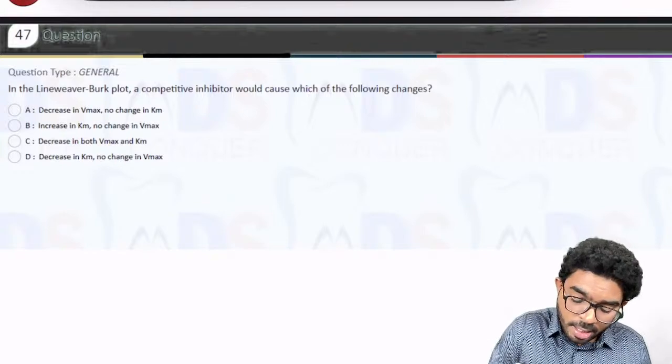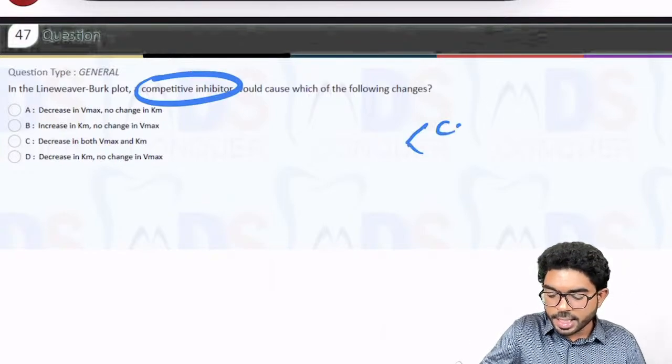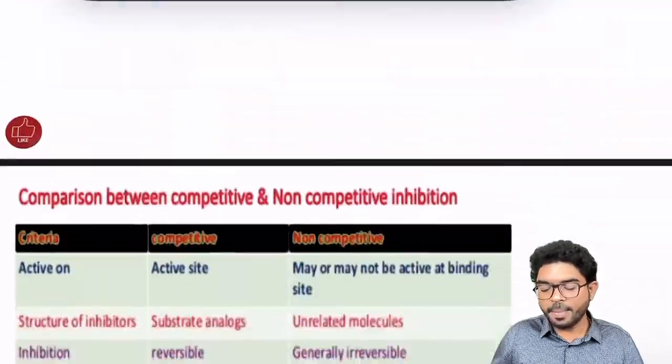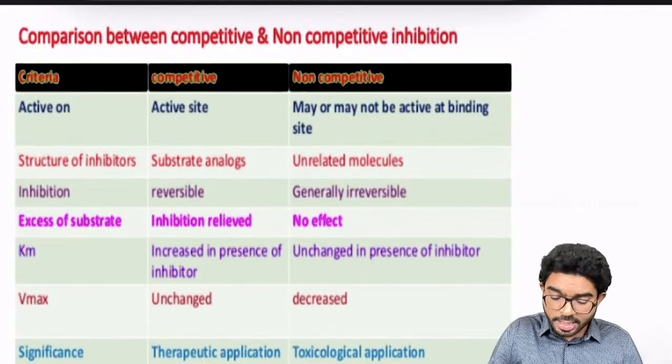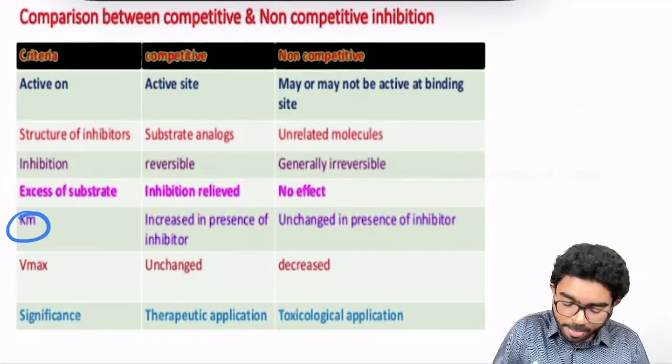Next one. In enzyme inhibition, I have two components. One is the competitive inhibitor, the second one is the non-competitive inhibitor. I have clearly discussed the same table, which I have attached here. After going through the concept, I told you to remember the Km values and Vmax values.